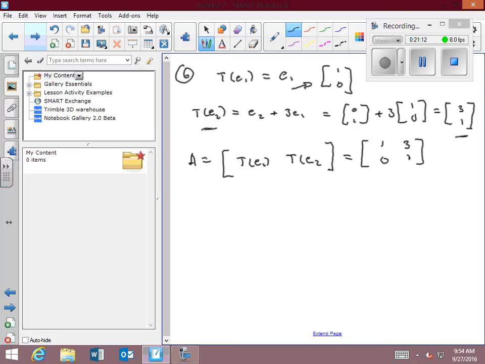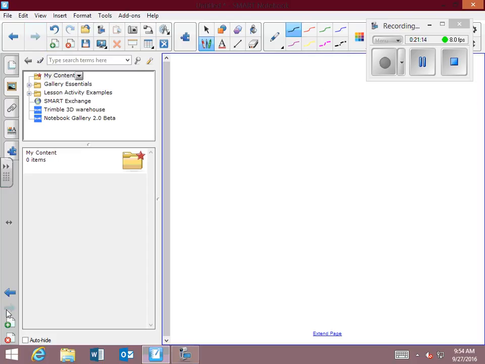Now number 8. It says the transformation from R2 space to R2 first reflects points through the horizontal X1 axis, then reflects the points through the line X2 equals X1.